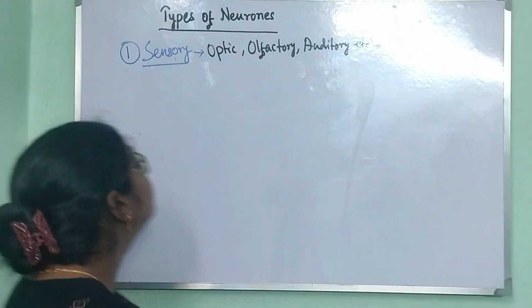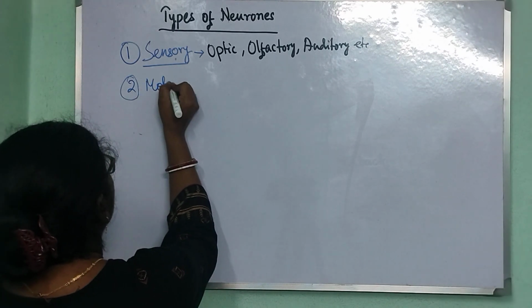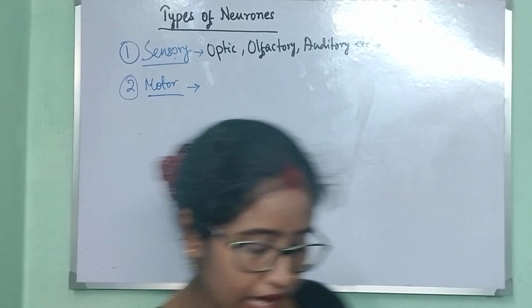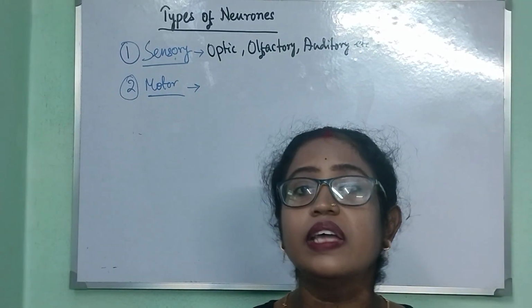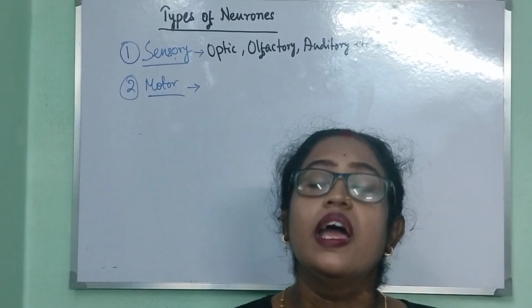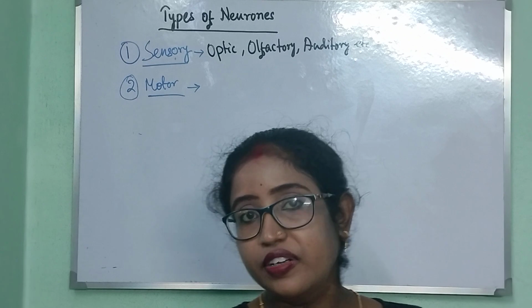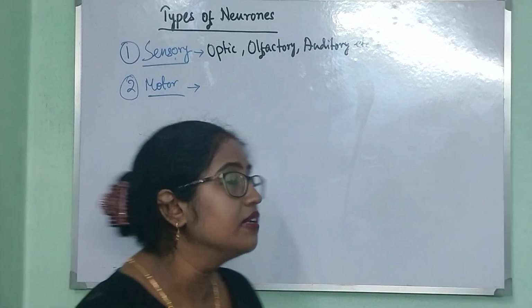Next category, we already learned about the motor neuron. Motor neurons are the kind of neurons that transmit the orders received by the central nervous system to different kinds of effector organs, like the muscles or the glands.